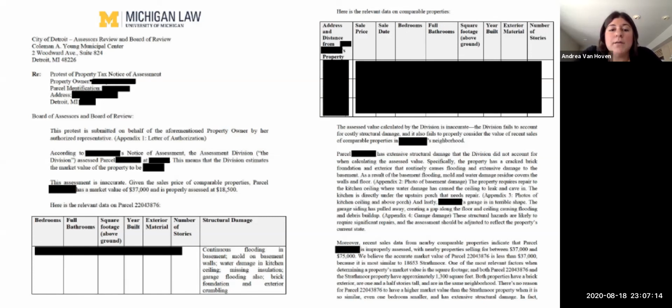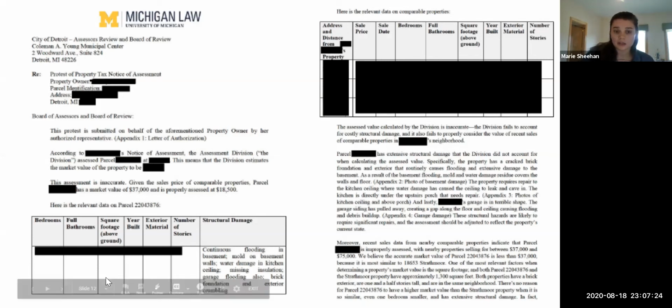I think we were going to talk a little, Marie, were you going to talk a little bit more about this document? Yeah, I just wanted to point out how we presented the damage or whatever kind of repairs had yet to be made to the client's home. And then this is where we presented comparable property evidence.